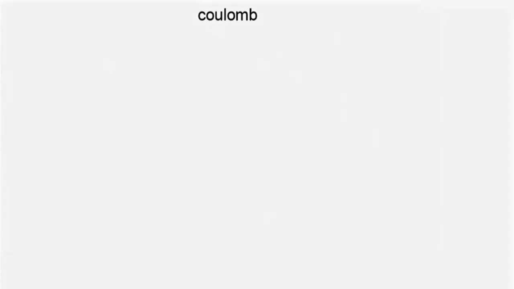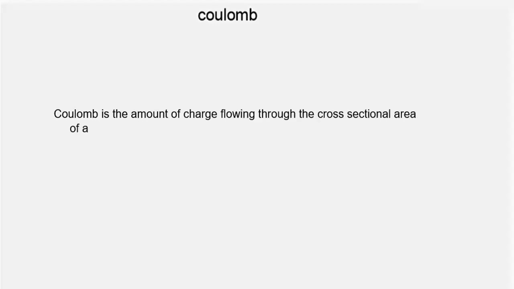So let's talk about the Coulomb and Coulomb's law. Now the Coulomb is the amount of charge flowing through a cross-sectional area of a wire in 1 second when the current in the wire is 1 ampere.